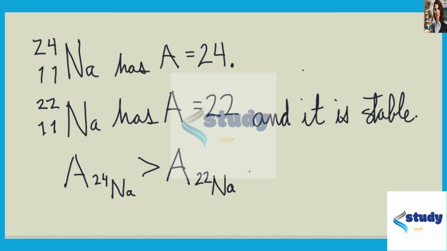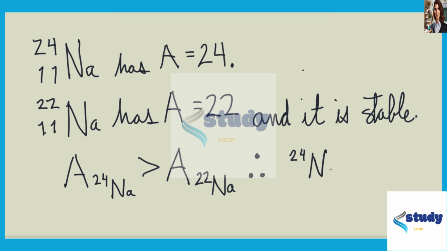Because the number of neutrons in the sodium 24 is greater than the number of neutrons in the stable isotope sodium 22, we can conclude that if it undergoes a beta decay process, it will be a beta negative decay.